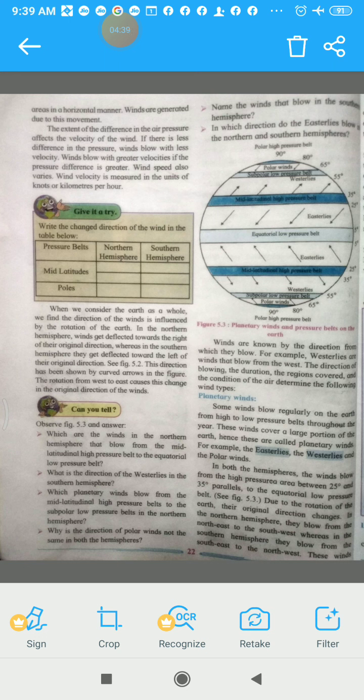So in the northern hemisphere, the winds change direction towards the right. Let us read that point in the paragraph now on page number 22. In the northern hemisphere, winds get deflected towards the right of their original direction.